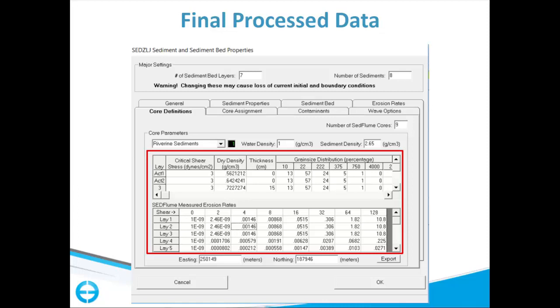Now, the other thing is these are in dynes per centimeter squared. The original EFDC sediment transport model basically used newtons per meter squared, or pascals, for all of its shear information, although internally to the model, if you take your shear stress and divide it by water density, you end up with units of meters squared per second squared.